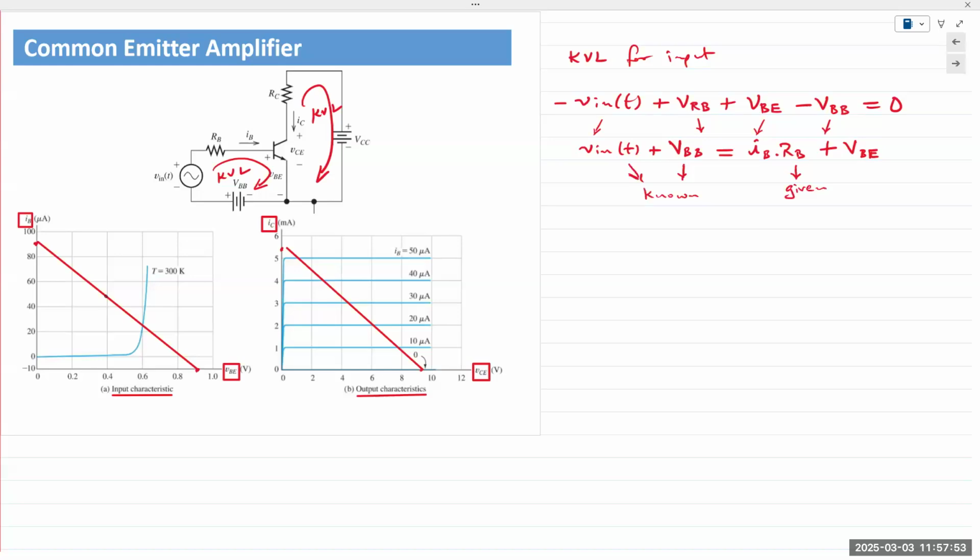To find the 2 points, we substitute IB equal to 0. If IB is equal to 0, then VBE is equal to the DC supply voltage at the base plus the AC input signal.